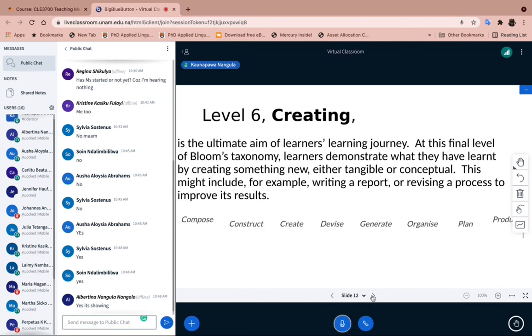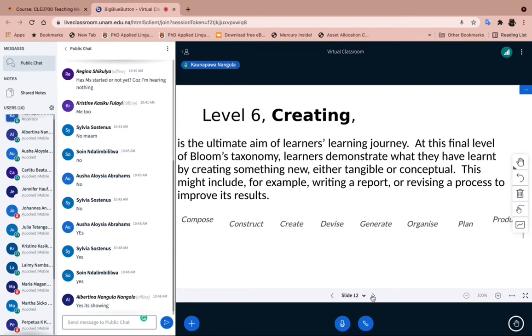And moving on, creating is the sixth level, which is the ultimate aim of learners' learning journey. At this final level of Bloom's taxonomy, learners demonstrate what they have learned by creating something totally new, either tangible or conceptual. Tangible is a product that you can see, or conceptually, it is ideas that they come up with.